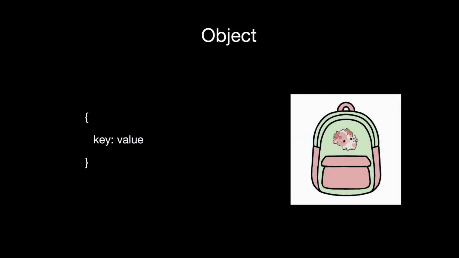Okay, so next in the line we have object data type. An object basically is a way to store multiple related values together in key value pairs. For example, you have a backpack, and in this backpack you can pack all the things you need, like a notebook, a snack, or maybe a water bottle, or anything, whatever you need.